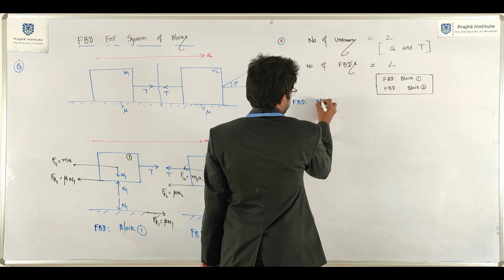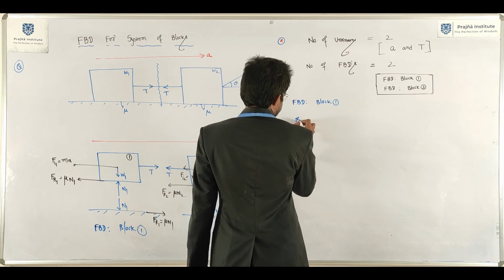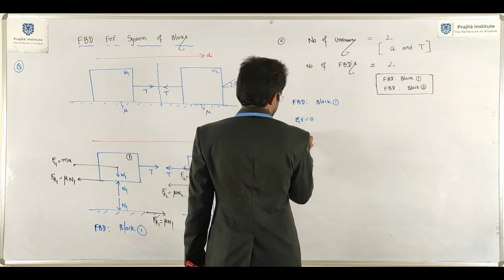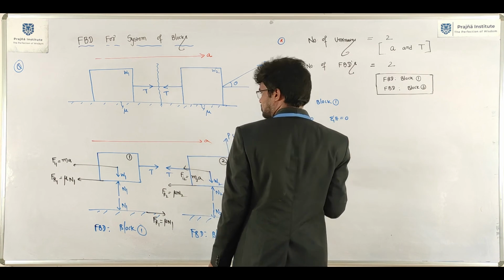FBD, block 1. Here sigma V equal to 0, N1 equal to W1, sigma H equal to 0.